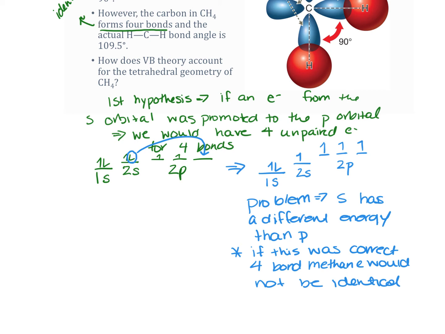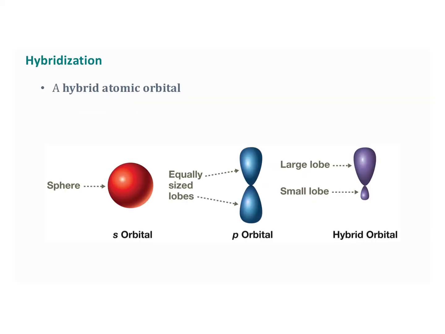So here's our second hypothesis, and it's the most current one that we have. This was a hypothesis put forth by Linus Pauling in 1931, and all our experimental information backs this up.